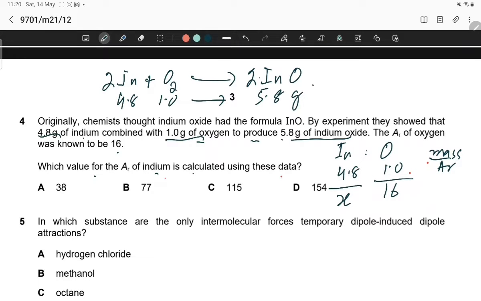We can simply find out by cross multiply: 4.8 into 16 divided by 1 is equal to 76.8, which is approximately 77. So answer would be B.